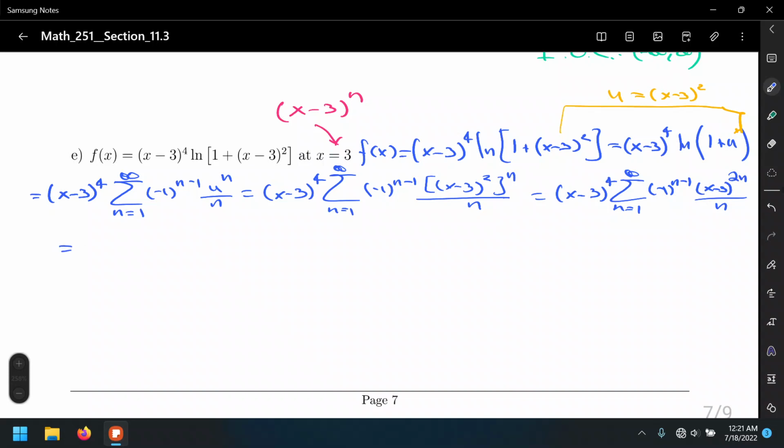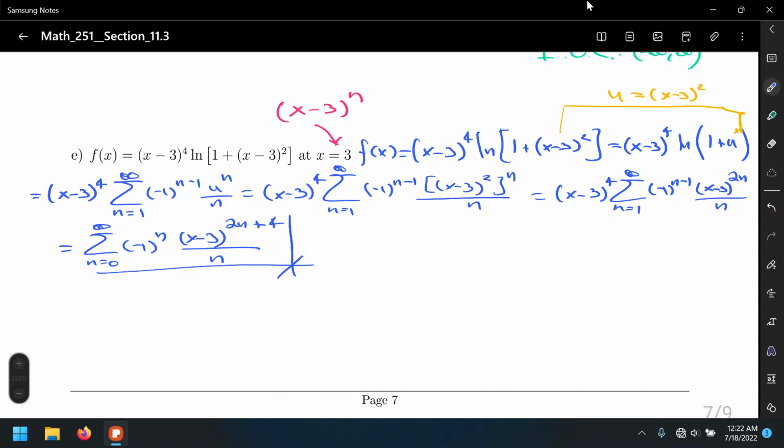This is sigma n equals 0 to infinity, negative 1 to the n, (x minus 3) to the 2n plus 4 over n, and that's the power series.